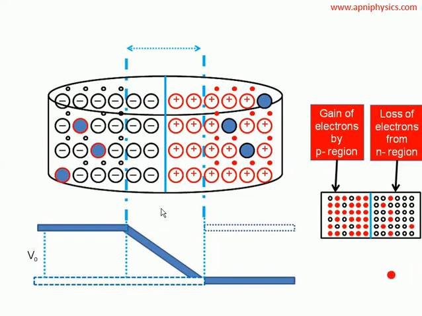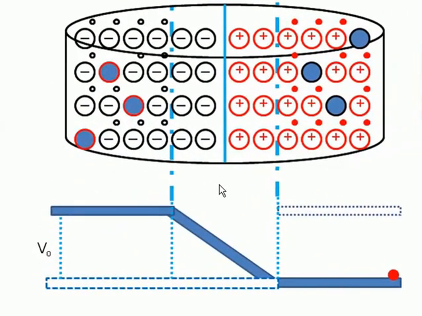You see here why the majority charge carriers cannot cross the junction after some time. That is the reason for this depletion region. That is the reason for the barrier height. You know that 0.2 volt is for germanium and 0.7 volt for silicon.